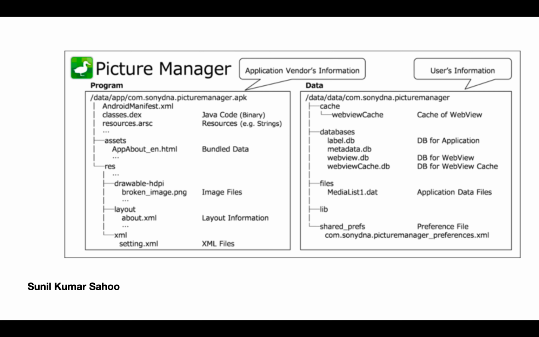Similarly, there is functional asset, where there are some functions which Android OS provides to the applications. For example, Bluetooth, reading the contacts, NFC.